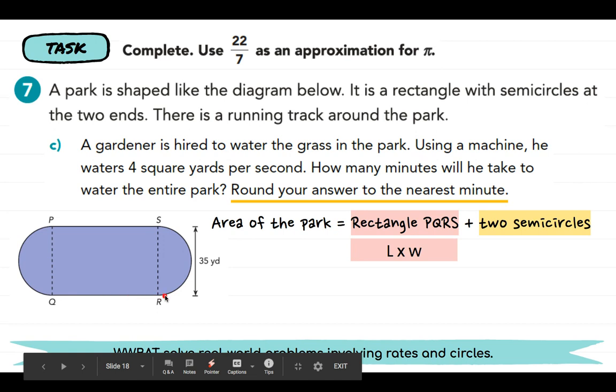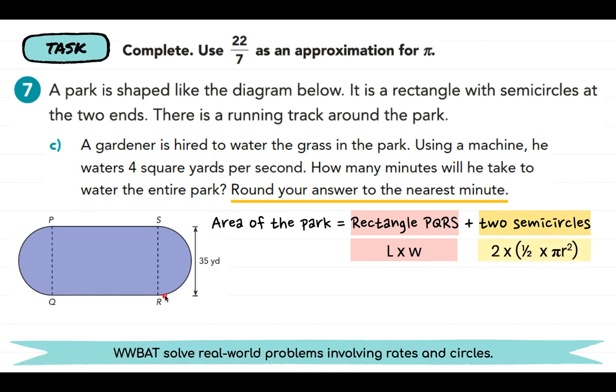And then for the 2 semicircles, you can use 1/2 times pi r squared in order to find the area of 1 semicircle and multiply that by 2. Because we don't know the radius of this semicircle, don't forget to divide the diameter 35 by 2 in order to find the radius.